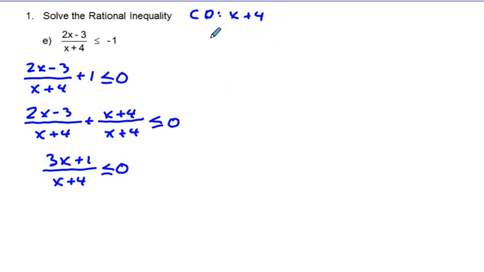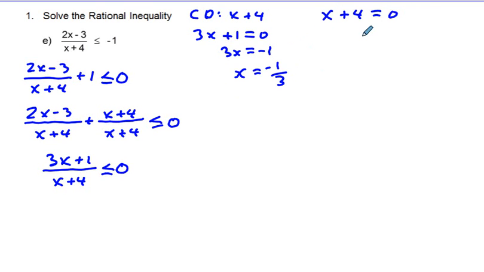And let's go find our critical numbers here. For the numerator, now we have 3x plus 1 is equal to 0. So we have 3x is equal to negative 1, so x is equal to negative 1/3. And for our denominator, we have x plus 4 is equal to 0, so x is equal to negative 4. So those would be our critical numbers.